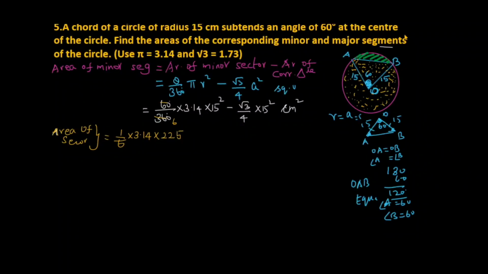Cancelling, we multiply 225 and 157, then divide by 3.